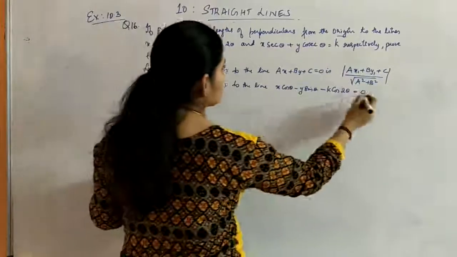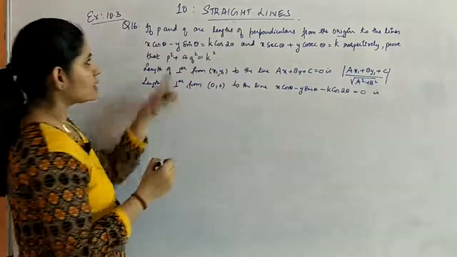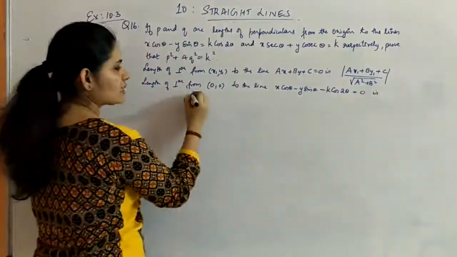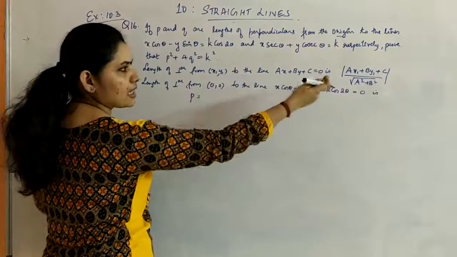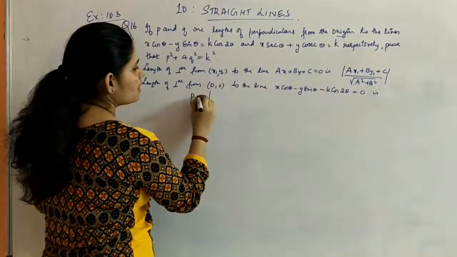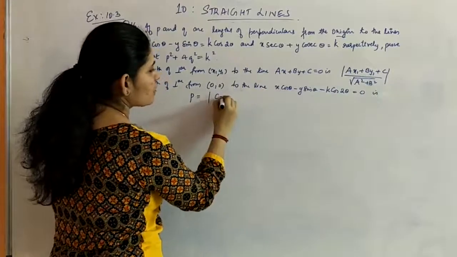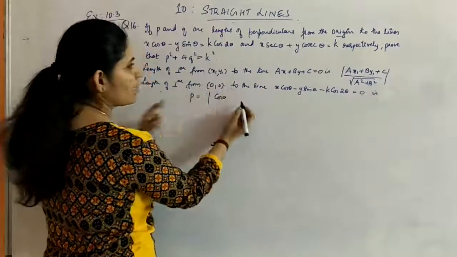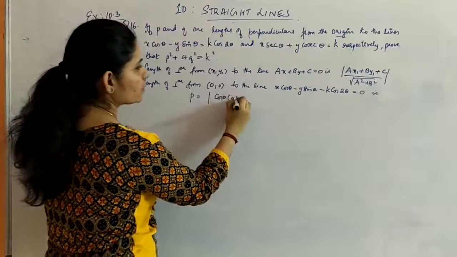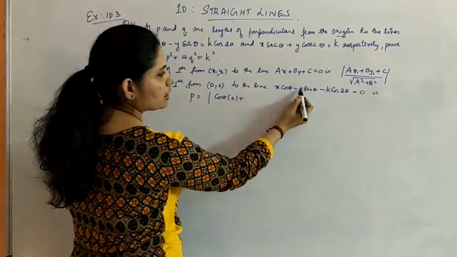So what will be that, again that is given to be P. So we will write left hand side as P and the right hand side using the formula. What is A here? Cos theta. Cos theta into x1 is 0 plus what is B? Minus sin theta.